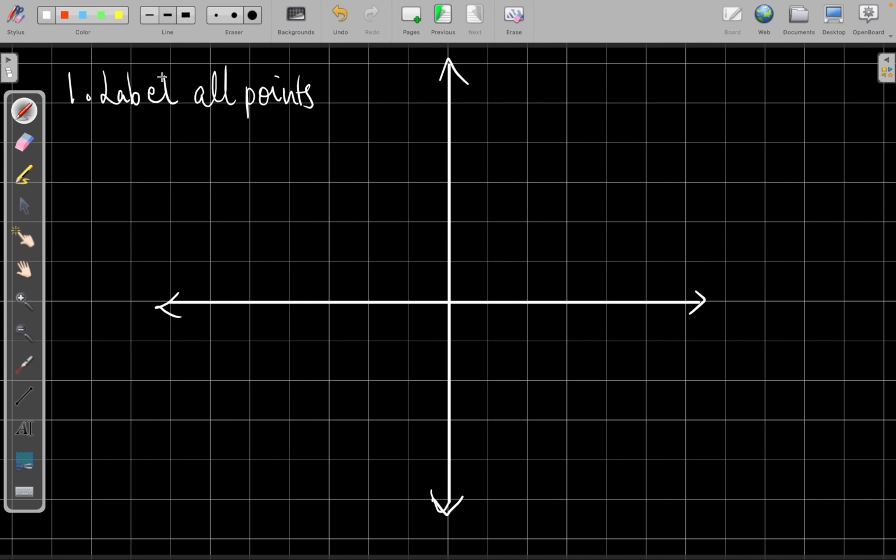Label all points. Not all points, sorry. And you can pause right now and do that. I'll wait for 5 seconds.